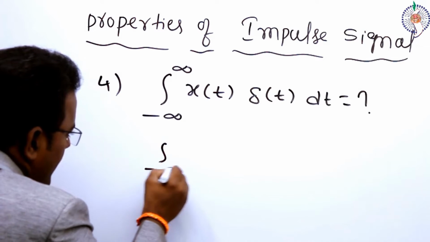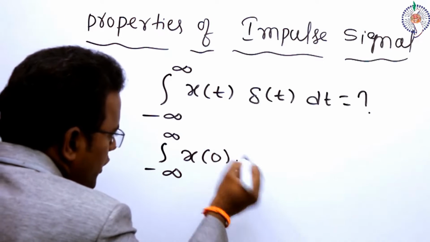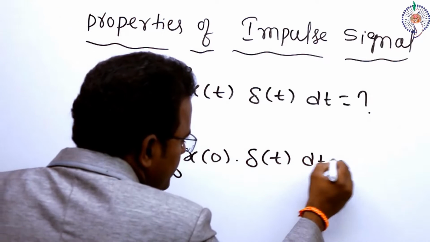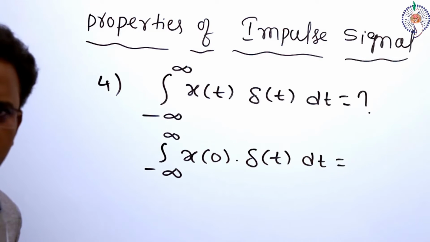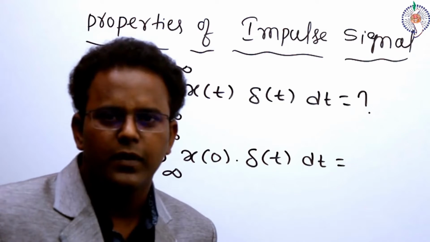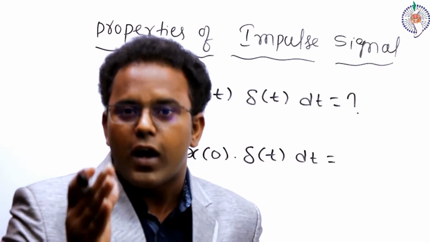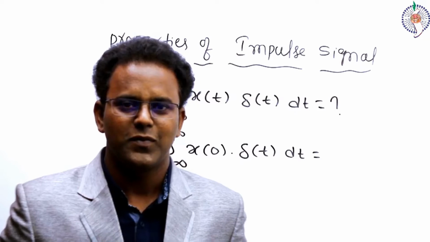So, integral from minus infinity to plus infinity of x of 0 into delta of t dt. What is the meaning of x of 0? We saw previously, the meaning of x of 0 is the signal value, that is amplitude at t equal to 0.